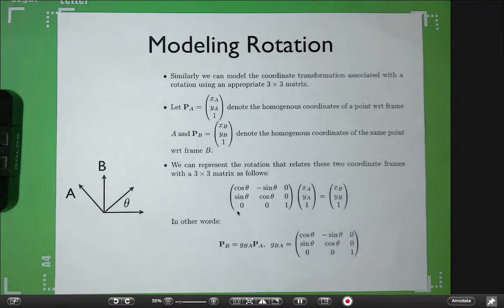They just get collapsed into one matrix. Rotation, represented by a homogeneous 3x3 matrix, can be multiplied with the translation, and I get a matrix of rigid body transformation.